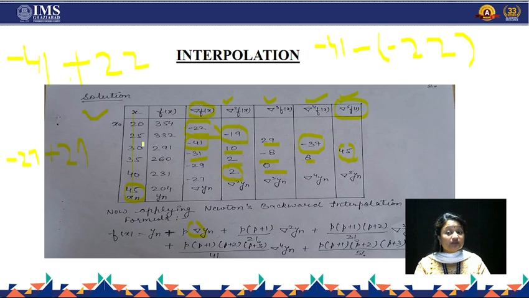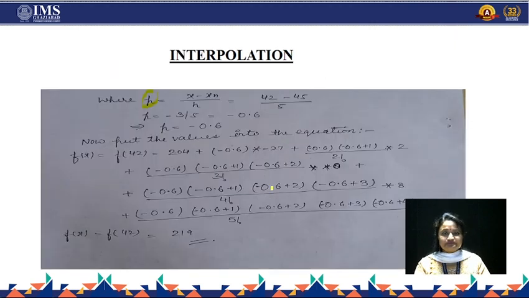What is h? The difference between two successive values of x, that means 25 minus 20. You can take any two values like x0, x1, x2, x3, x3 and x4, any pair. The difference must be the same. Okay, put the values. Now this is the important part, how we put the values. After calculating, we will find p is negative 0.6.